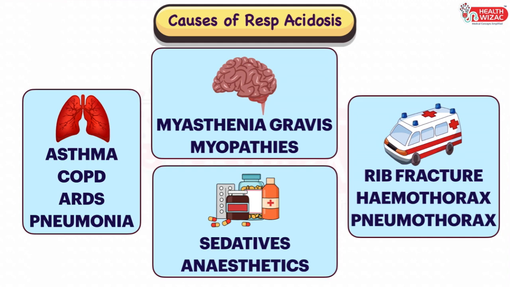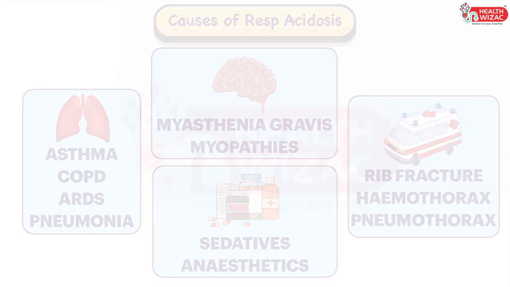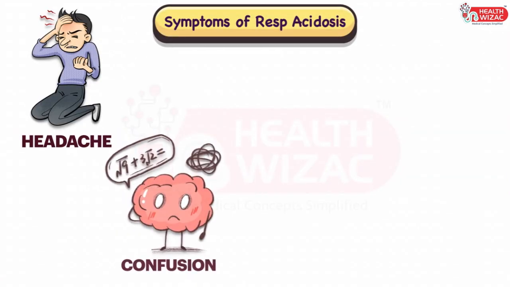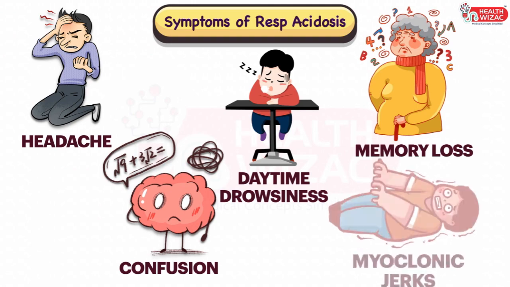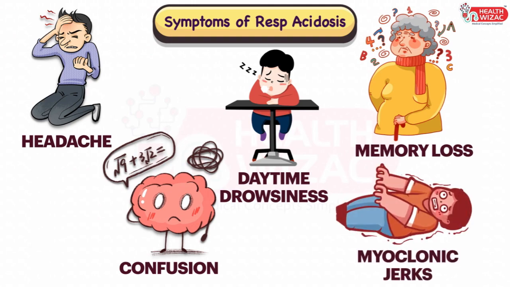Apart from this, neuromuscular disorders like myasthenia gravis or myopathies are also responsible for respiratory acidosis. Drugs like sedatives and anesthetics, and traumatic conditions leading to rib fracture, pneumothorax or hemothorax.